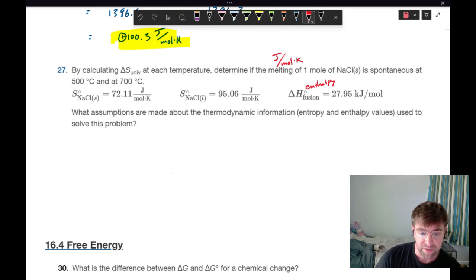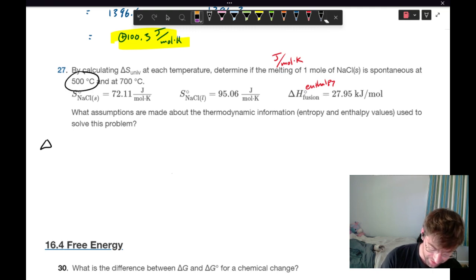The other thing that we need to look at is the relevant equation. We're not working at standard temp and pressure anymore. We're given non-standard temperatures.